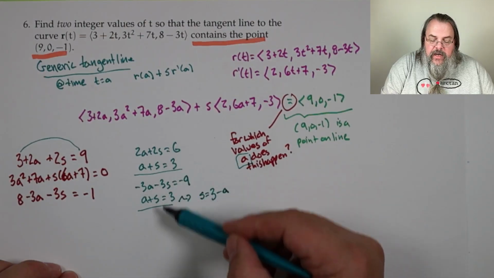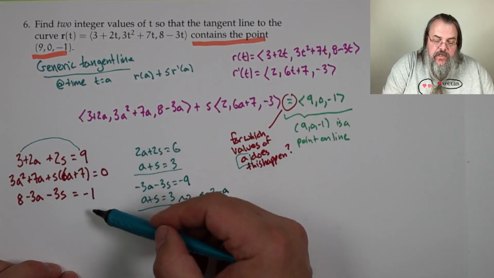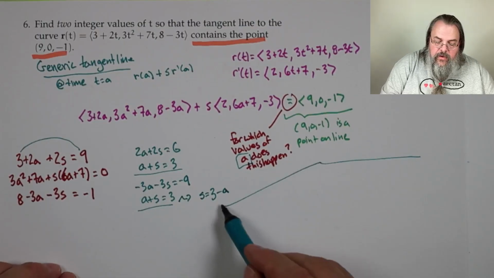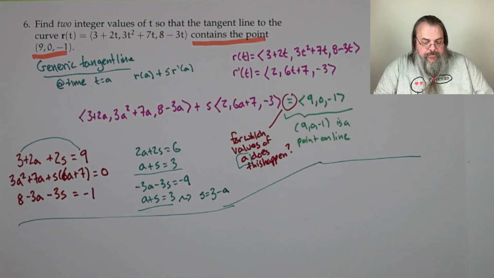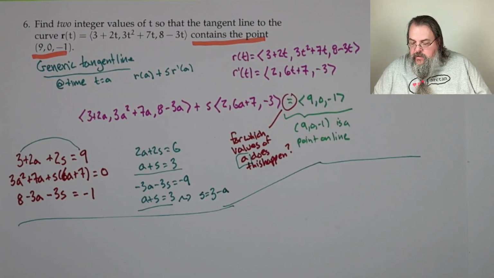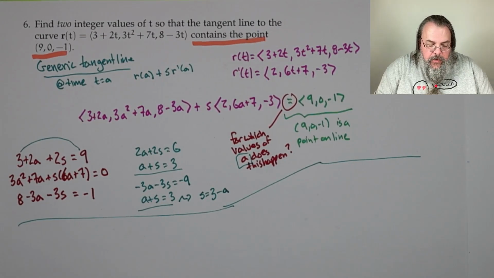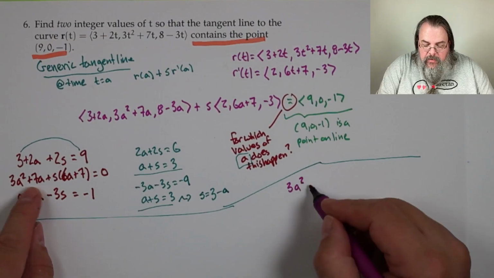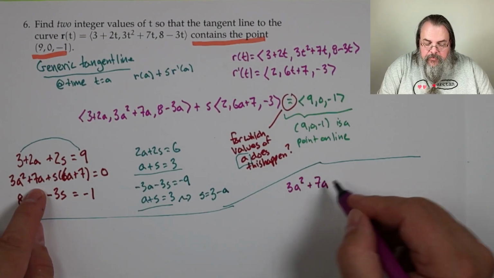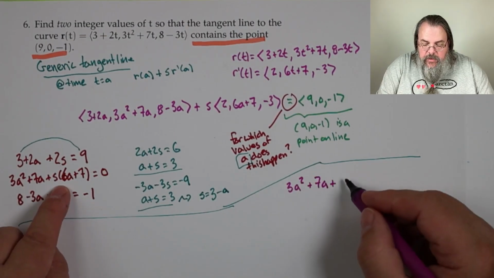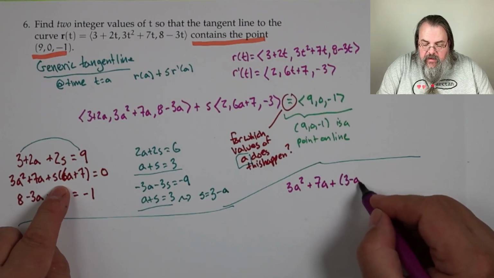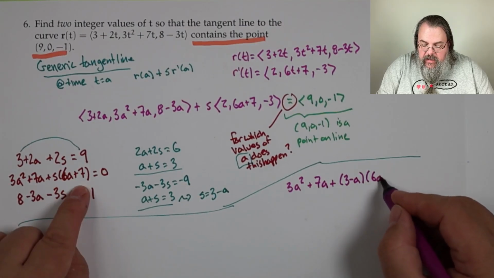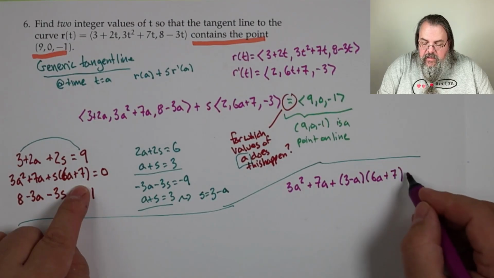That will definitely satisfy the first and the third equation. Now we just need that last equation to hold. So what do we have? We have 3a squared plus 7a plus s, which is 3 minus a, times 6a plus 7 equals 0.